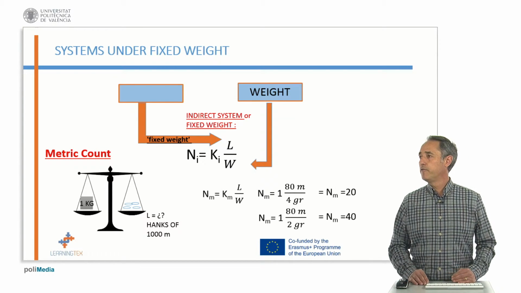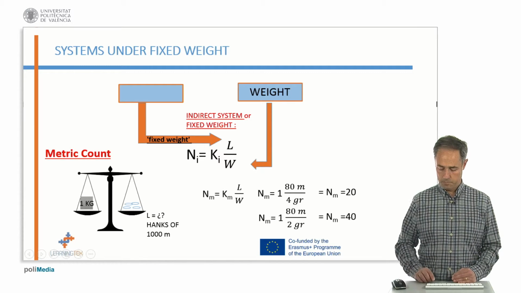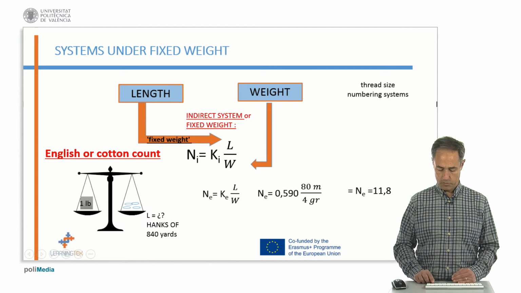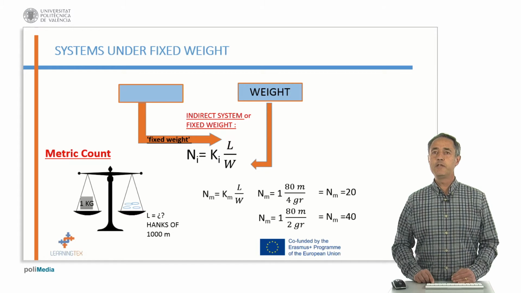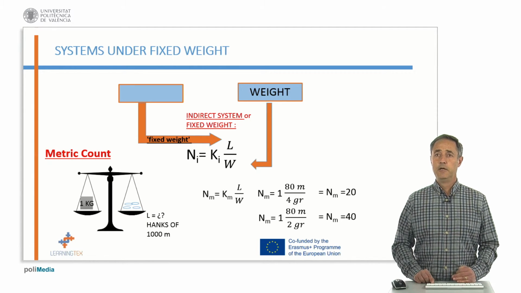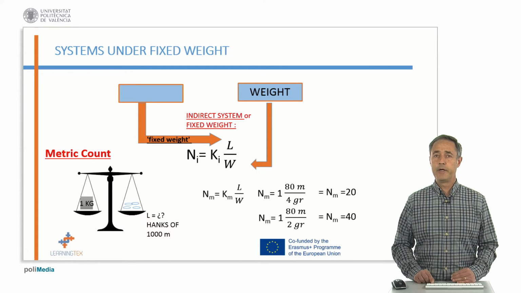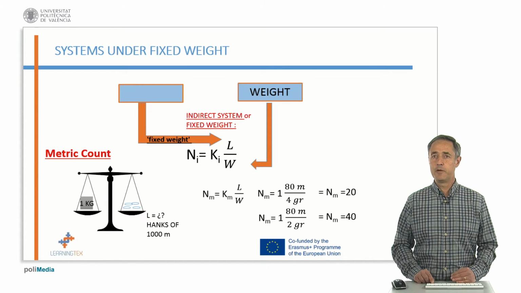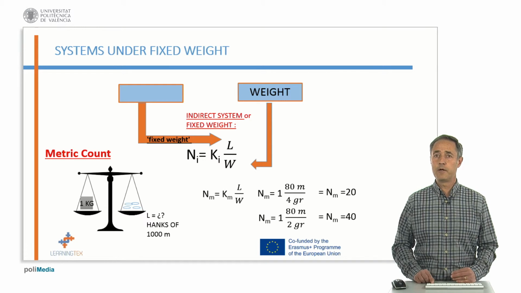Systems under fixed weight. In this case, the most used is the metric count, the number of hanks of 1000 meters per kilo. For instance, the metric count, the number of the yarn, is the number of 1000 hanks in 1 kilo.